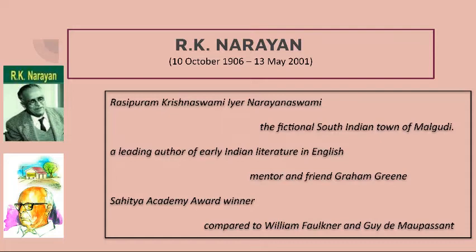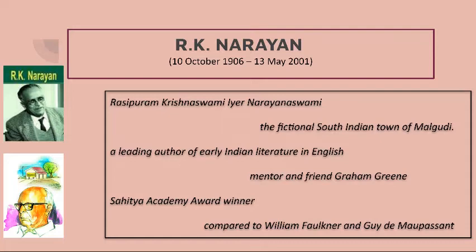Narayan won numerous awards during the course of his literary career. His first major award was in the year 1958, which was the Sahitya Academy Award for the same novel which is in your course, that is The Guide. When the book was adapted, means it was made into a film, he received the Filmfare Award for the best story.